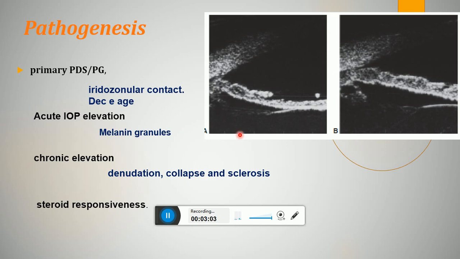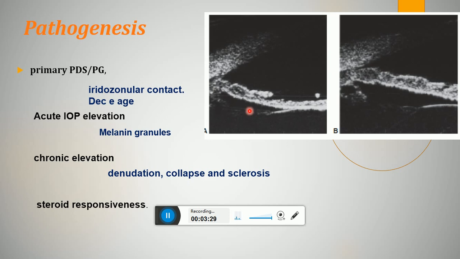Here you can see a deep anterior chamber and posterior bowing of the peripheral iris. This posterior bowing causes rubbing of the iris against the zonules, so it will cause pigment shedding.